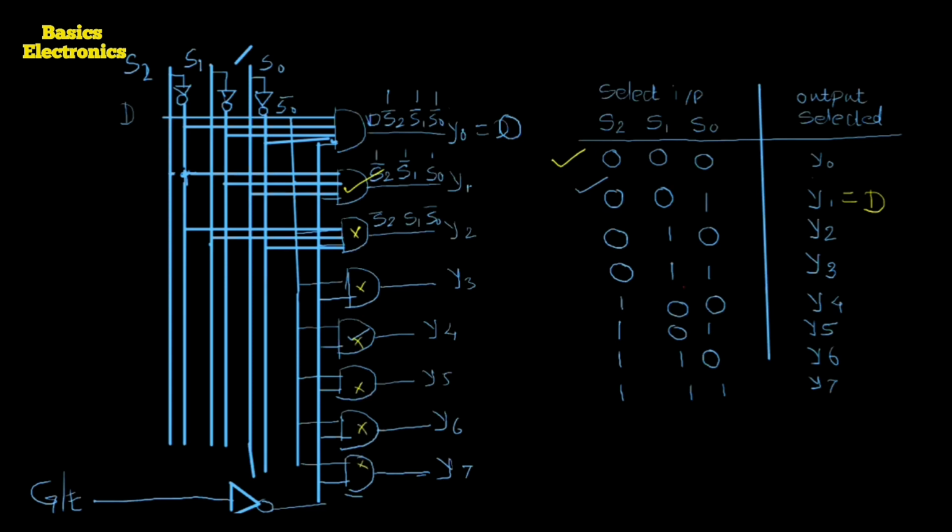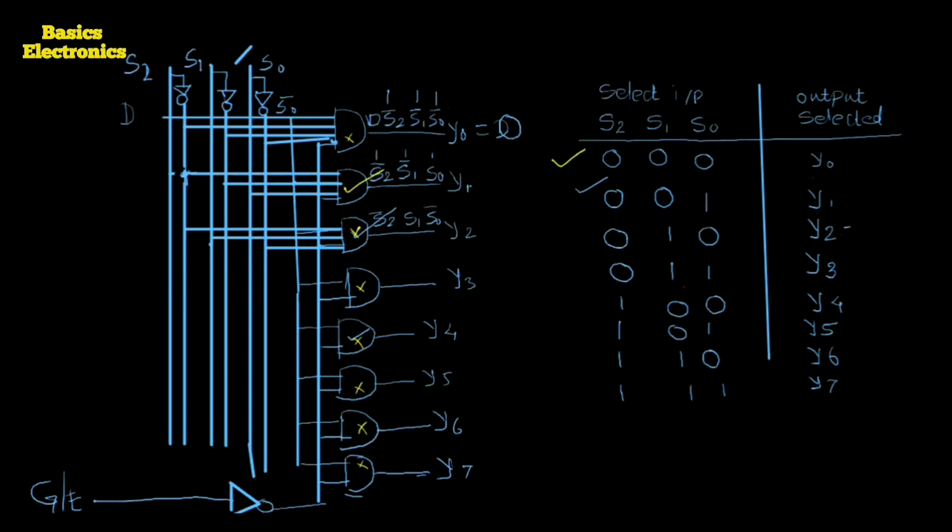If we apply the select input 010, at that time only one gate is in enable condition, and that gate is the third gate, and here the data line D is passed towards the output.